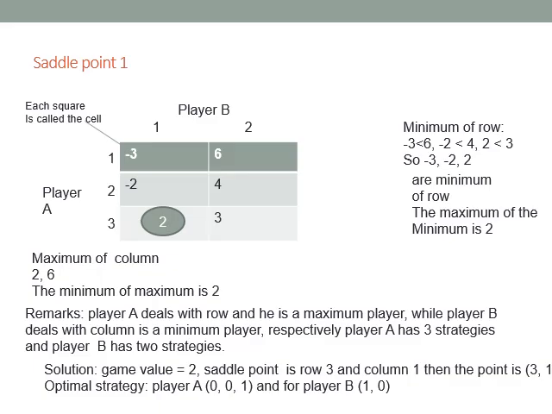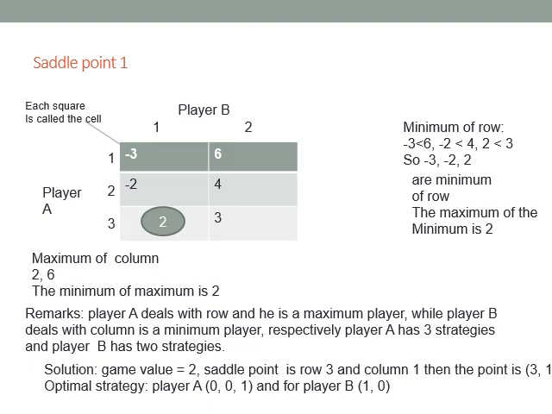Okay, this is the first example of saddle point. Please pay attention. This table or matrix contains 6 cells.